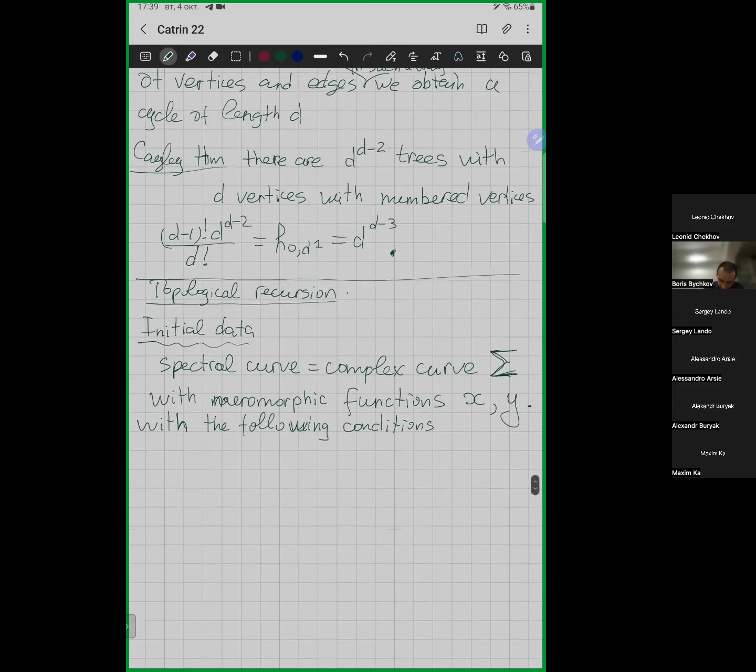Let me choose some coordinate z on sigma.